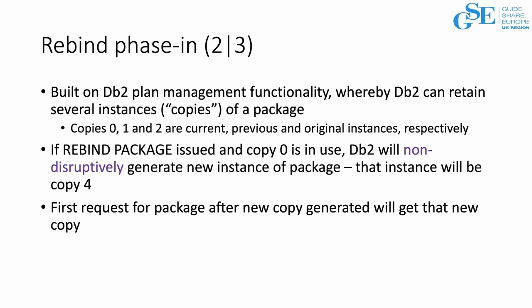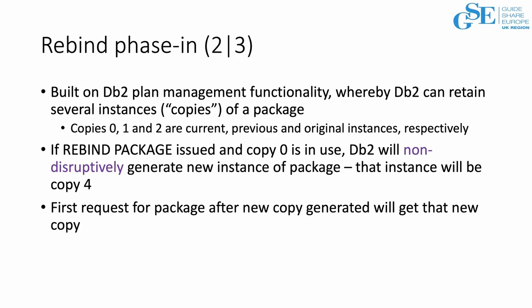So how does this new feature work? Well, this is built on top of an existing functionality called plan management. Plan management is on by default, and there's a ZPARM called PLANMGMT, and its default setting is EXTENDED.